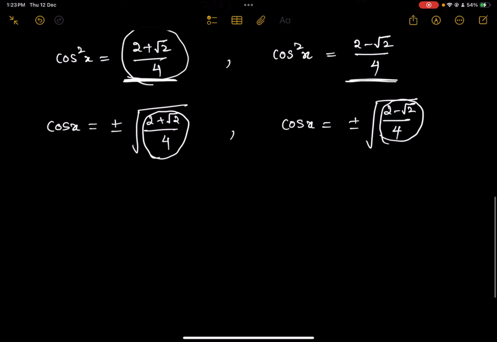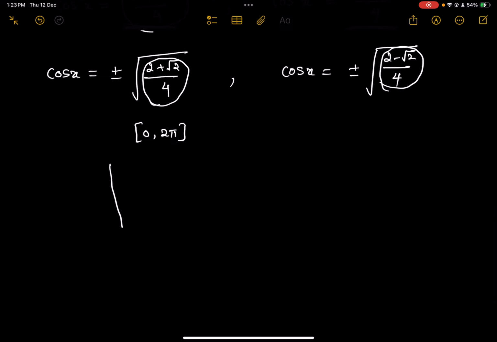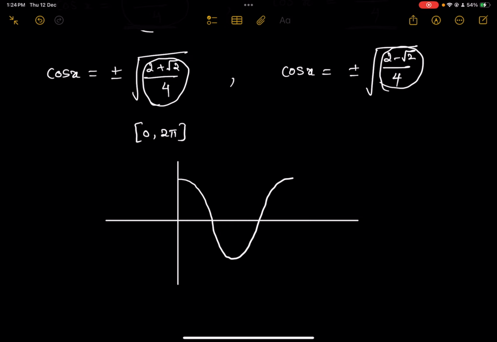They are asking us to find the number of solutions in the interval 0 to 2 pi. So let us draw the graph of cos x in the interval 0 to 2 pi. Cos x looks something like this. Root of (2 plus root 2) by 4 lies somewhere here, and minus root of (2 plus root 2) by 4 lies somewhere here.